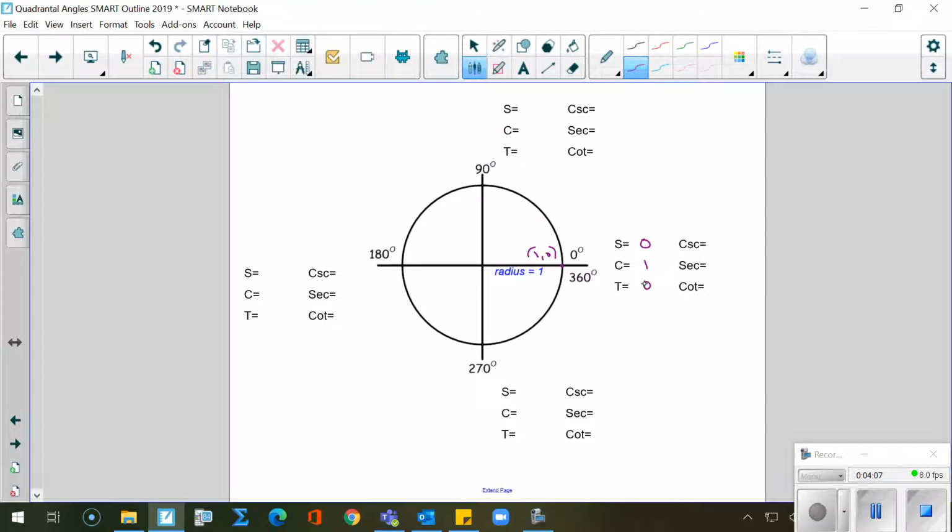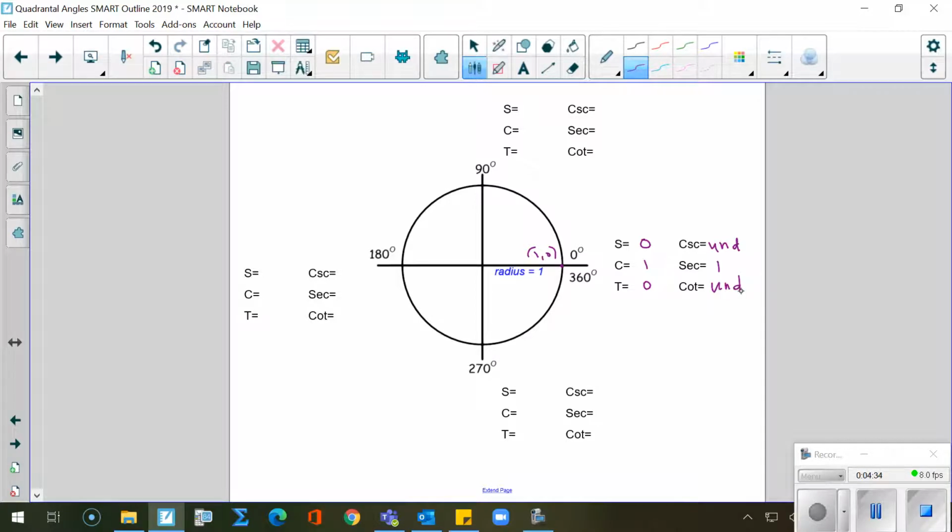And here's where we have to use our reciprocals. Cosecant is the reciprocal of sine. The reciprocal of 0 is undefined. Secant is the reciprocal of cosine. The reciprocal of 1 is 1. Cotangent is the reciprocal of tangent. The reciprocal of 0 is undefined.